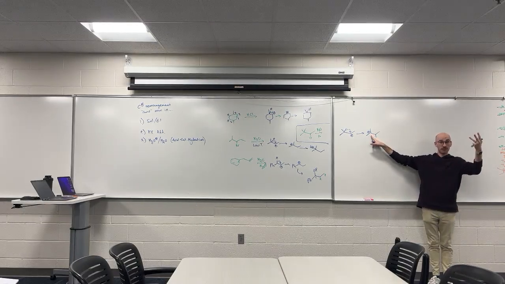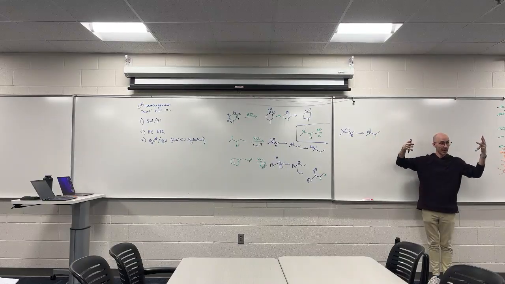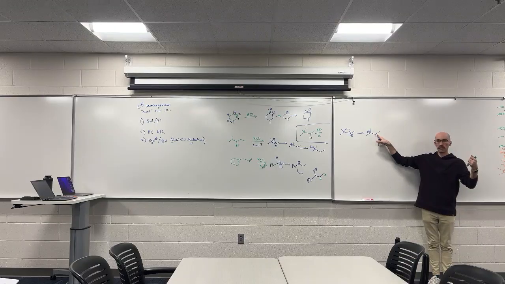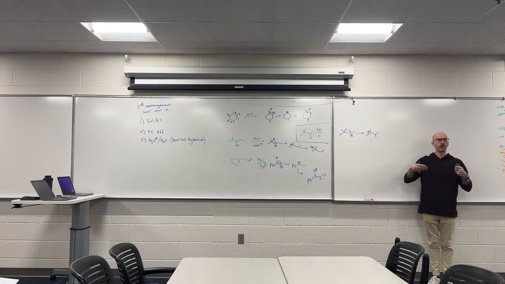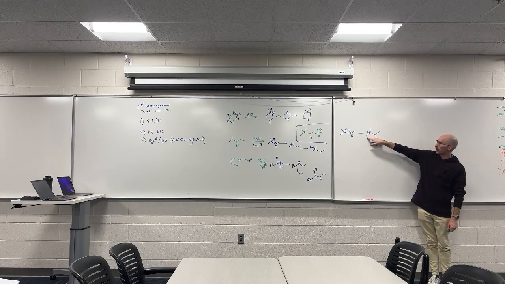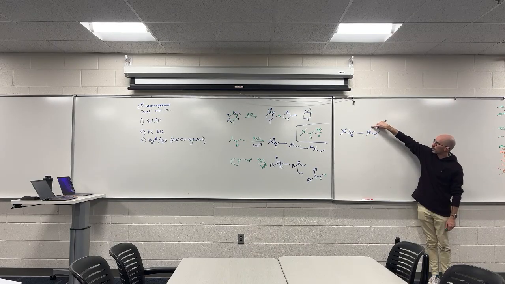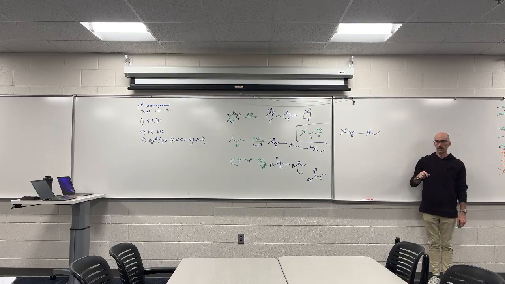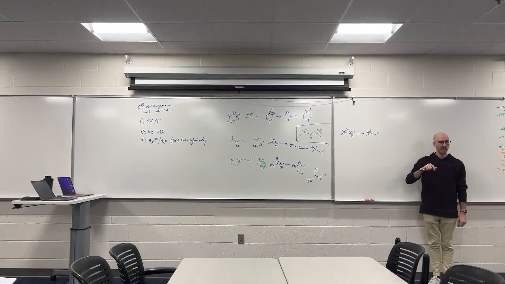Yeah, there's 3 positions beta to this carbocation that could lose a hydrogen and form an alkene. 1, 2, 3. It's a tertiary carbon, so there are 3 positions I should consider. Should I take a hydrogen from here and form an alkene, or here, or here? What we're analyzing is the regiochemistry.